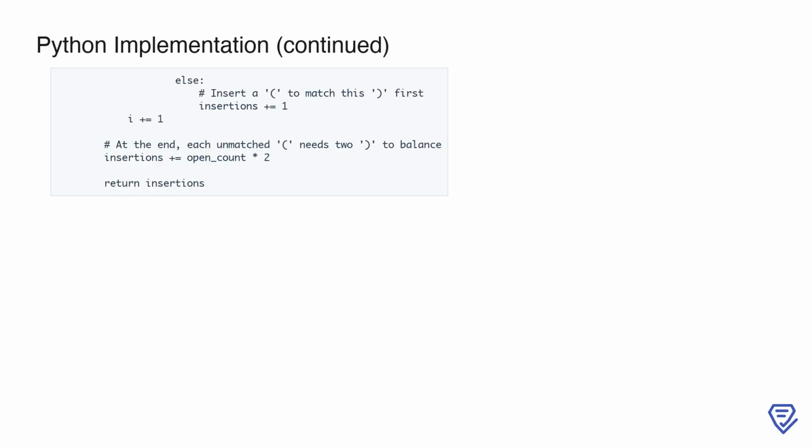After processing all characters in the string, any unmatched opening parentheses remaining in open_count will each require 2 closing parentheses to balance them out. We account for this by adding open_count * 2 to the insertions total. Finally, we return the total number of insertions required to balance the string.